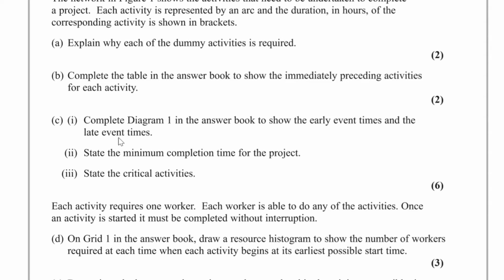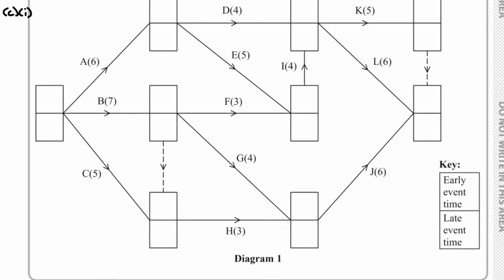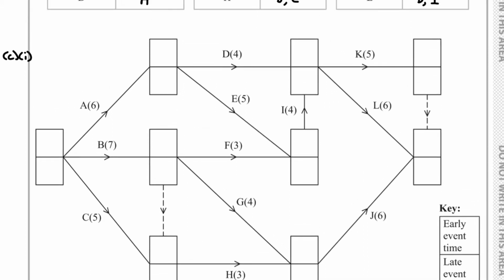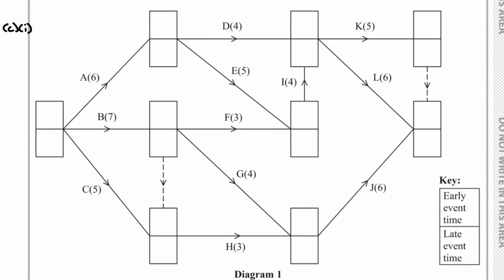For the first part of Part C, we have to complete diagram 1 in the answer book to show the early event times and the late event times. So here we have diagram 1 for the first part of Part C, and we would have to complete this. Okay, so first of all, from the source node, we begin with the early event time, which is 0.